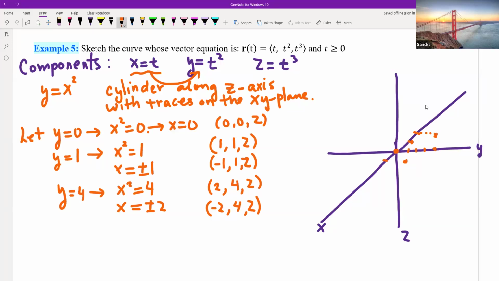About here. And then negative 2, I'm sorry, that one was actually negative 2, 4. And then this is 2 and 4. And so I can clearly see that this is giving me a parabola right there.